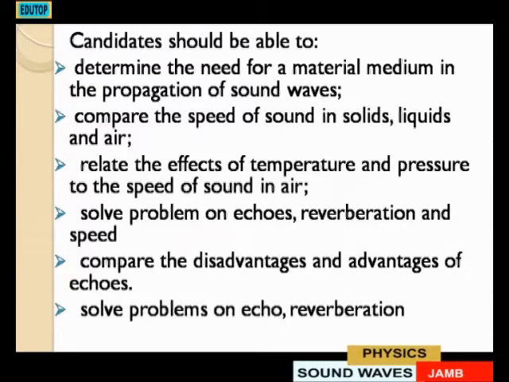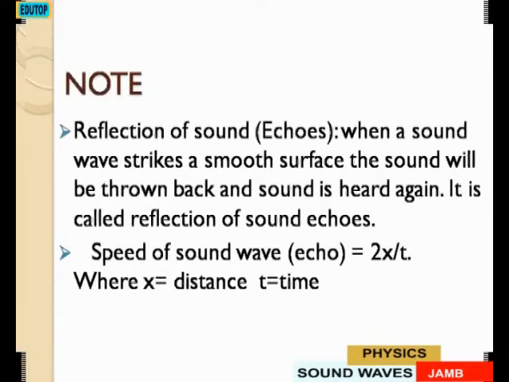From here, we are going to quickly consider the following as the summary of this topic. That is reflection of sound. This is when a sound wave strikes a smooth surface. The sound will be thrown back and the sound is heard again.